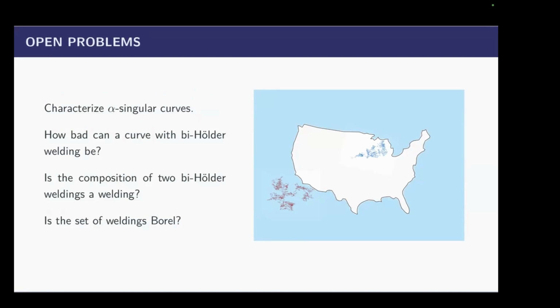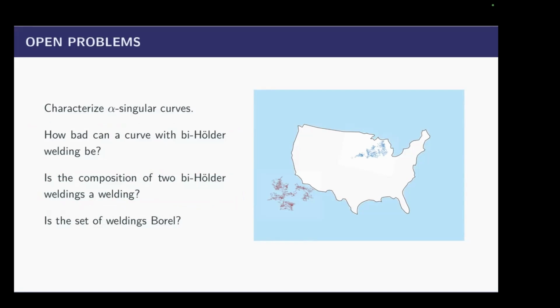The next question, which we still don't know, is how bad can a curve with bi-Hölder welding be? We don't know yet. And this would be great, because I think it would have a lot of applications. It would also be very interesting to know if the composition of two bi-Hölder weldings is also a welding.